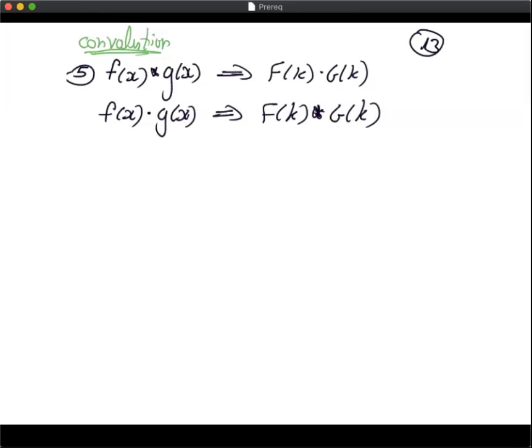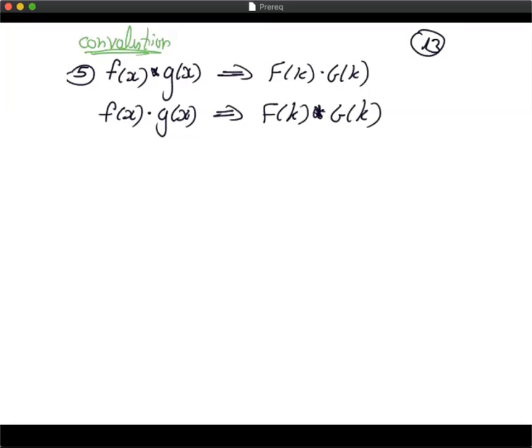So this can be a very complicated operation, very time consuming. But if you have the Fourier transforms, then all you need to do is just the dot product between the two. It's just a pointwise multiplication between those two functions. So this is easy. This could be difficult to compute.